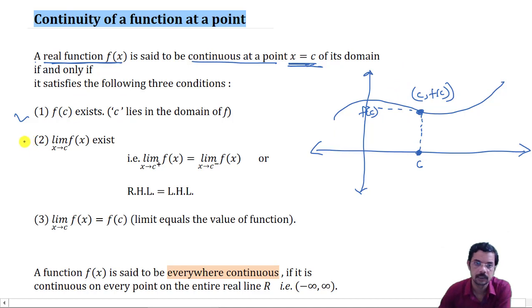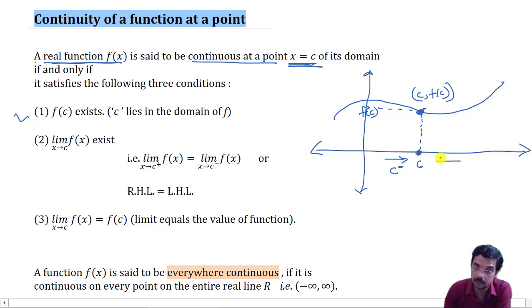The second condition is that the limit of the function should exist at this point. What do we mean by the limit of the function existing at this point? It means that the left limit of the function should be defined and the right limit of the function should also be defined, and both of them should be equal. When x approaches c from the left, that is called c minus, minus means from the left, the limit should exist.